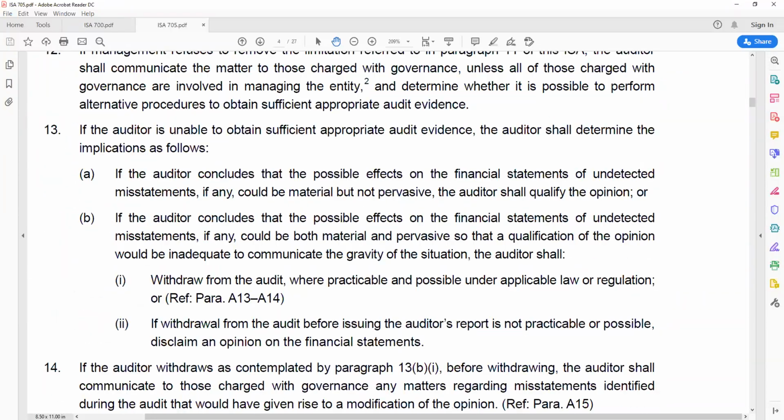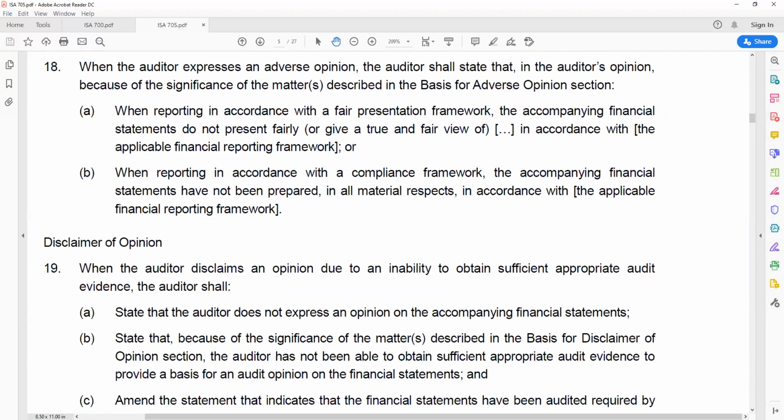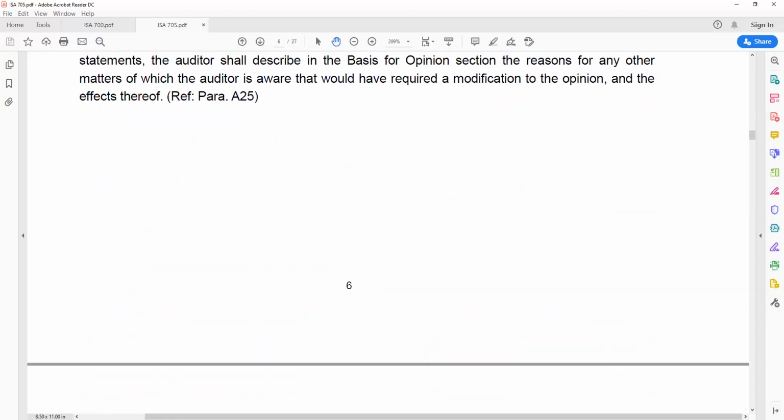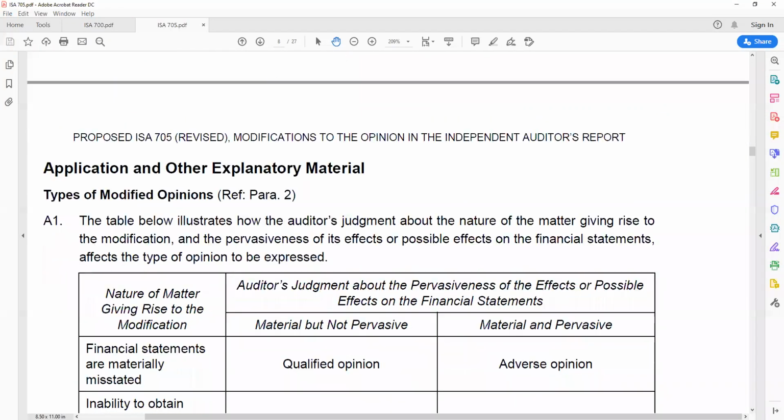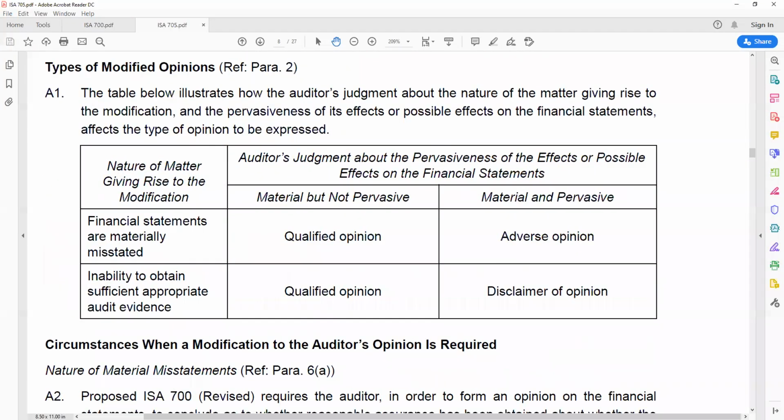There's a note that summarizes the opinions, which I'll go through. There's a table on this ISA summarizing when to issue each opinion.